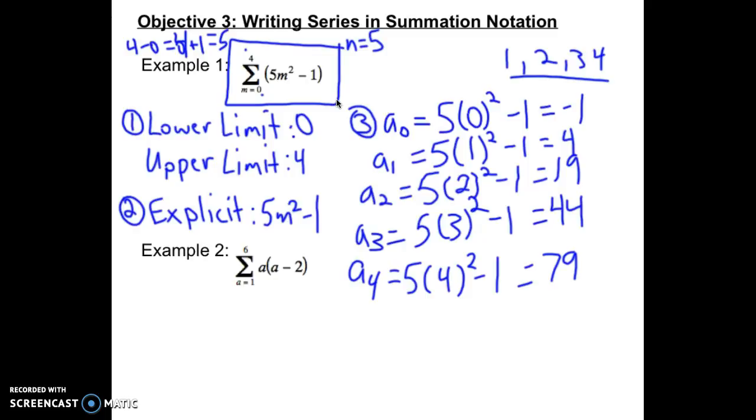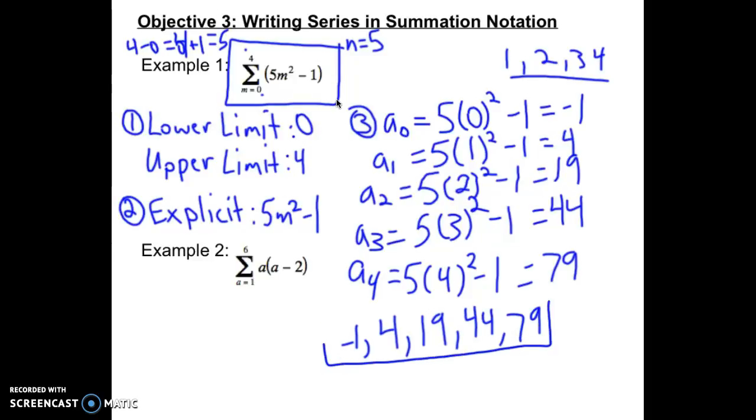Now, notice, the sequence is then negative 1, 4, 19, 44, and 79. This is my final answer. I need you to square that for your final answer, and even draw an arrow towards it.